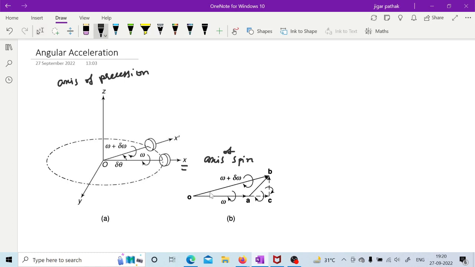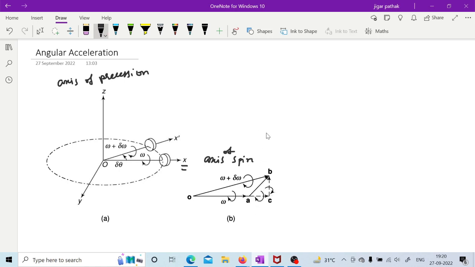So here if we only discuss this angular acceleration, then you can see omega has changed from omega to omega plus delta omega. So what will be the different components of this particular vector AB, because that will be your angular acceleration? It has a horizontal and a vertical component.